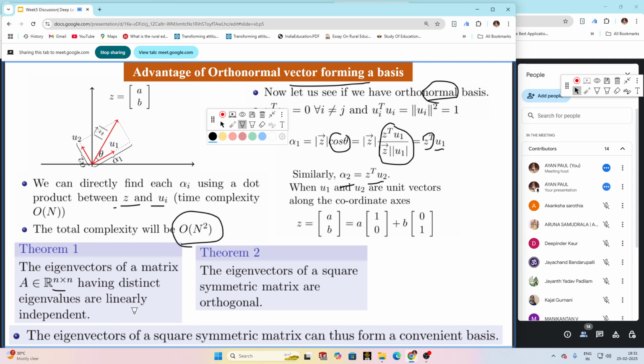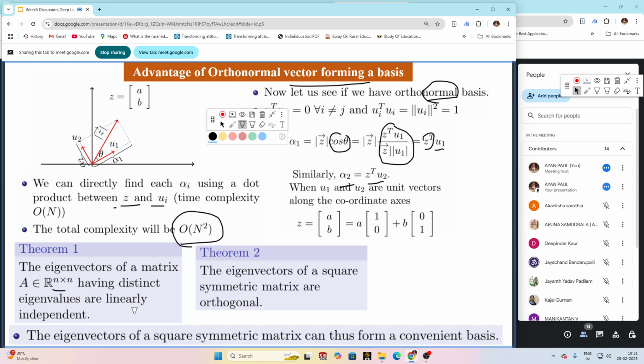That is, whenever we multiply these two bases, the product will be 0. Why? Because earlier, if these vectors are not orthogonal, then our time complexity to find the coefficient will be O(n) cube.